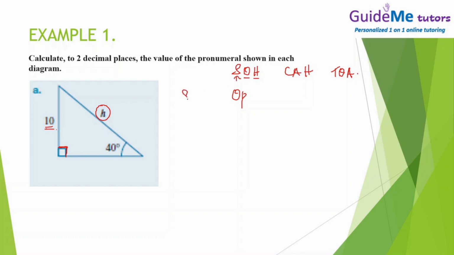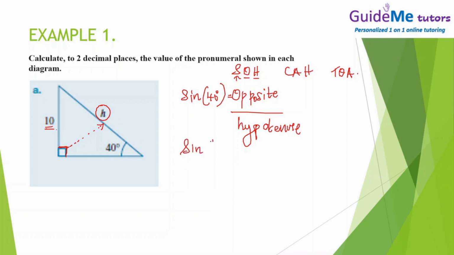So we are supposed to find sine of 40 degrees, which is equal to opposite over hypotenuse. Here the hypotenuse is h because that is the side opposite to 90 degrees. So we have to find what h is.